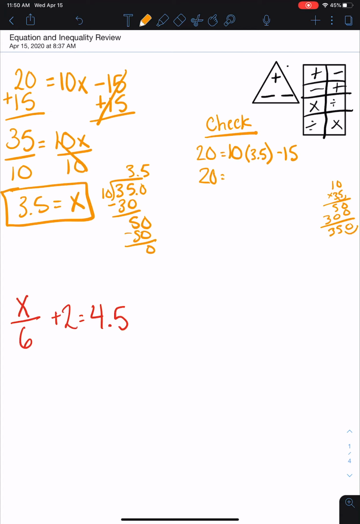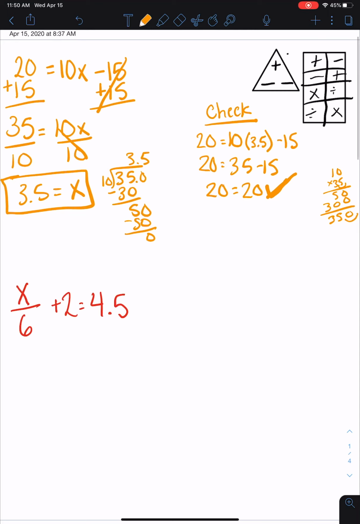Move my decimal once, I get 35. And 35 minus 15 is 20. 20 equals 20. So I know my answer is correct. That's how you check your work. Again, I'm not going to do it for every problem just to save some time.